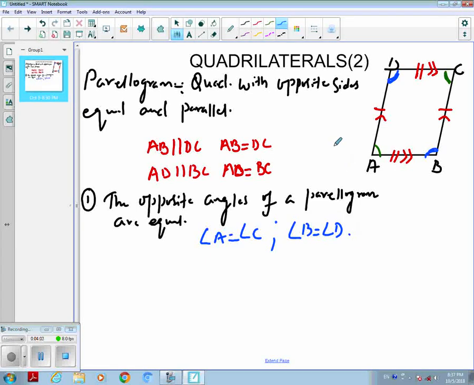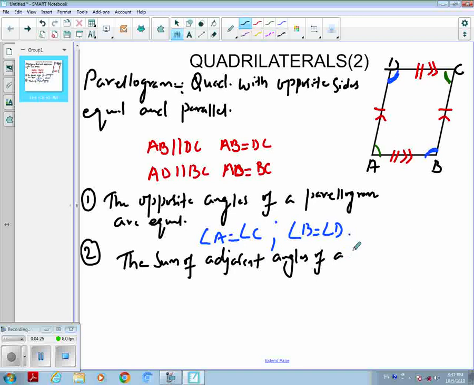Now coming on to the second property. The sum of adjacent angles of a parallelogram is equal to 180°.